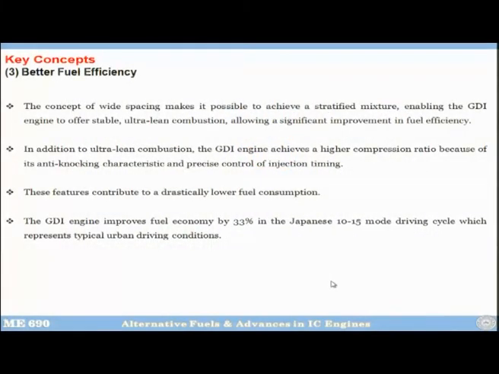This is the second key concept for GDI. The third key concept is better fuel efficiency. The concept of wide spacing makes it possible to achieve a stratified mixture, enabling the GDI engine to offer stable and ultra lean combustion, allowing a significant improvement in fuel efficiency, because in the rest of the places there is just air.